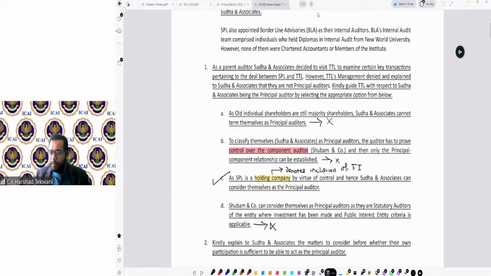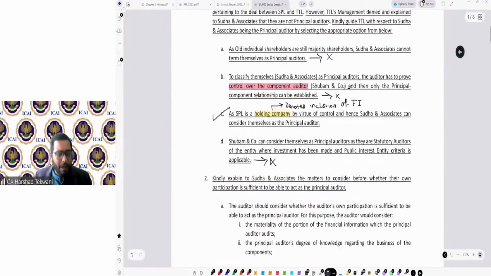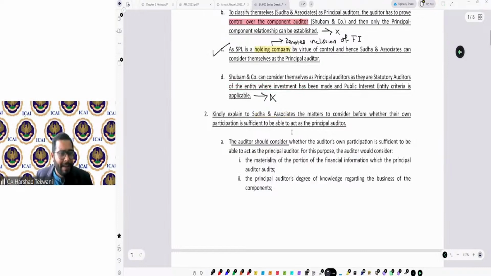Remember four matters? Very good, Charu. So the matters are, remember, before considering that, the auditor should consider whether his own participation is sufficient to be able to act as a principal auditor.